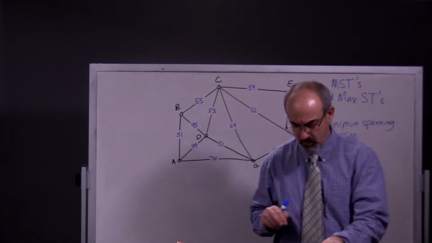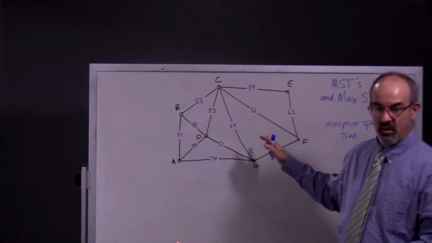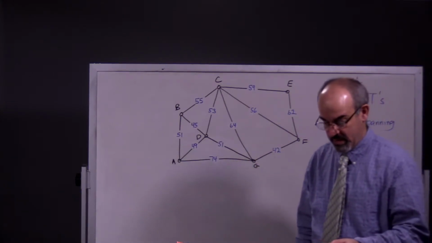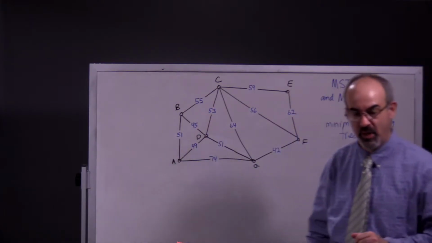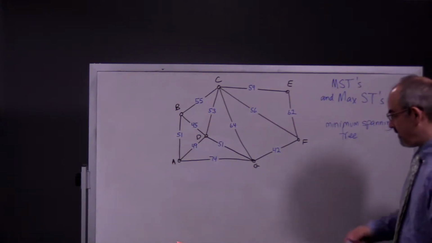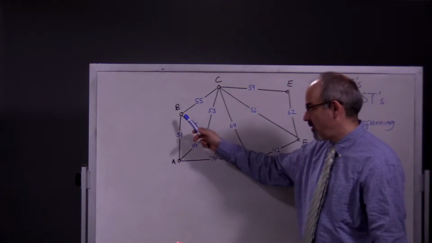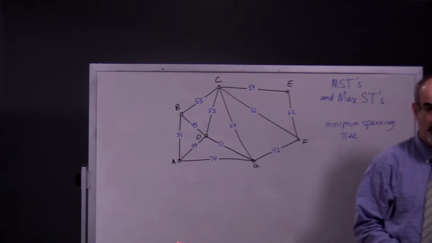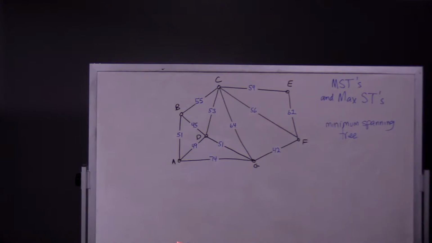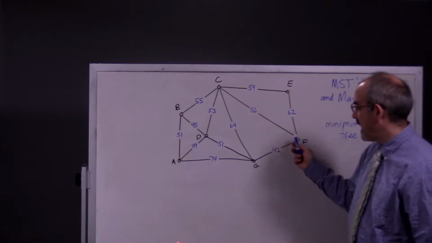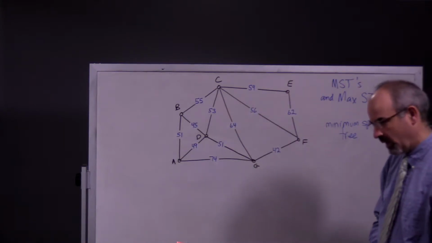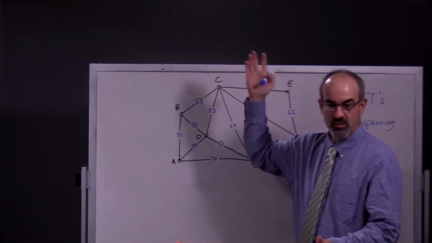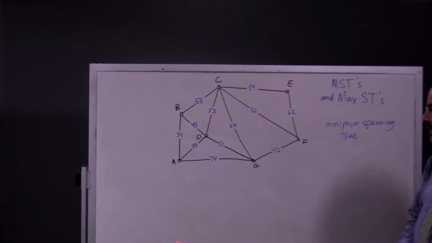Now, this network that I drew is based on an example they give in the PowerPoint. Let's say all of these edges are roads, okay? And they want to lay power lines. Sometimes power lines are wires, but sometimes they're cables in the ground.